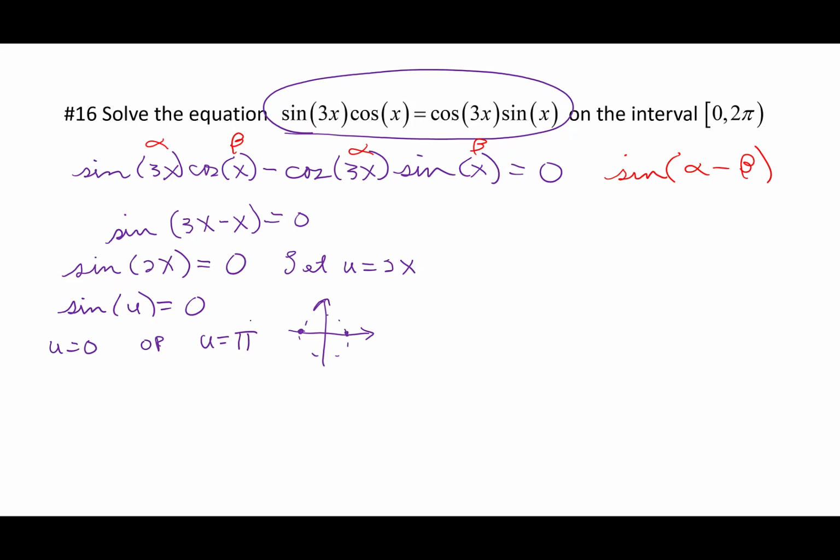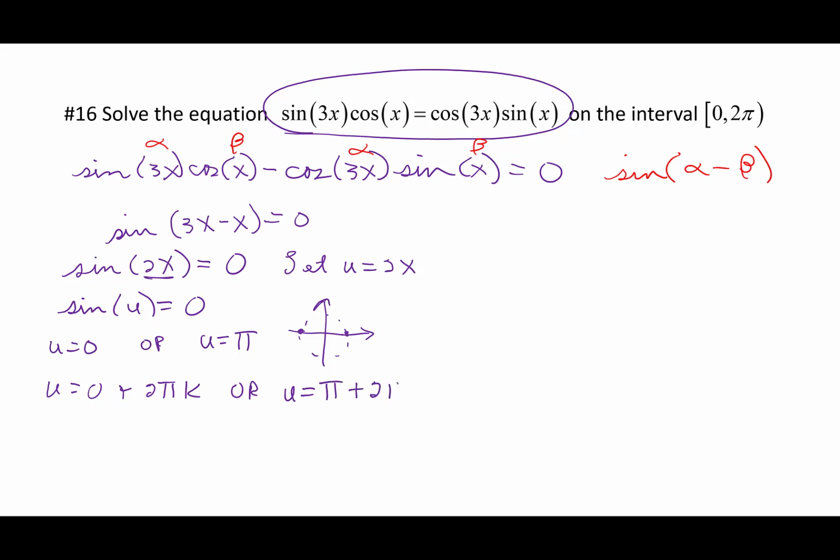Okay, but I am just doing an interval from 0 to 2 pi. The thing is, when our argument here is not simply x, we need to do a little more work. So I'm going to say u equals 0 plus 2 pi k, or u equals pi plus 2 pi k.